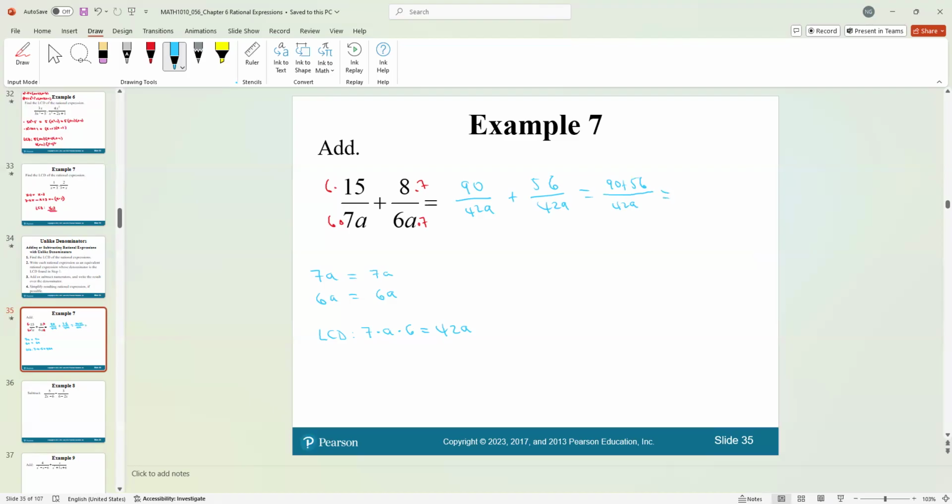When you add these two, 90 plus 56 gives you 146 over 42a, and I believe you can simplify this one because both of them end with 2. So 146 divided by 2 gives you 73 over 21a. And that would be our answer.